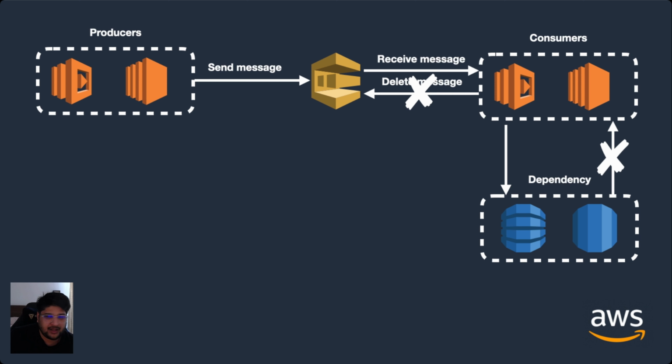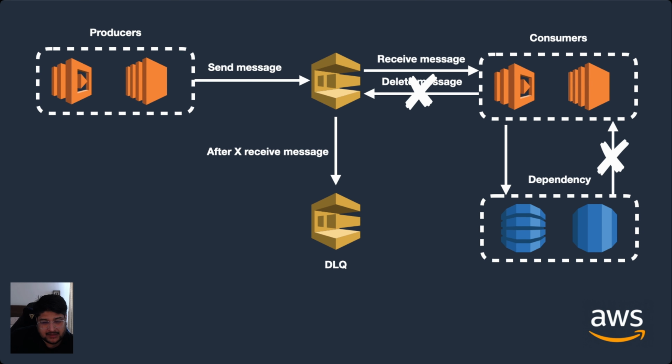What SQS does is, as per our configured redrive policy, after X number of times the message was received or delivered but not deleted, it will move the message into the dead letter queue, so that the queue doesn't get backed up with a lot of messages that stay and don't get deleted, impacting the performance of the application.